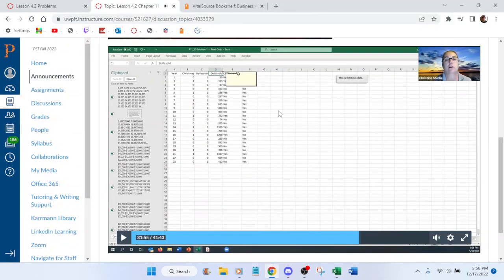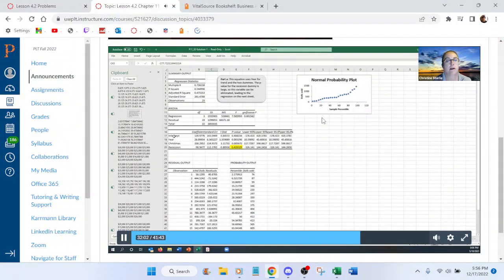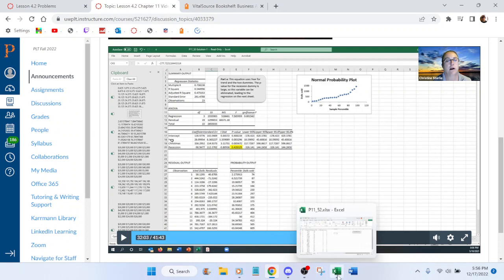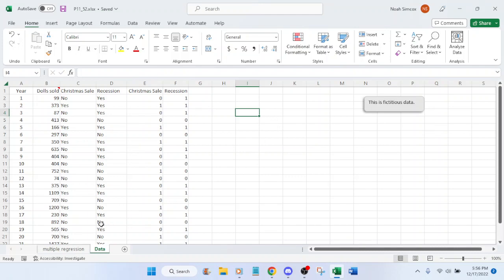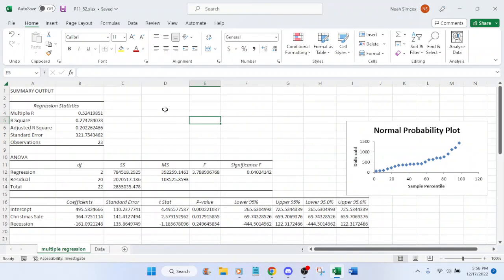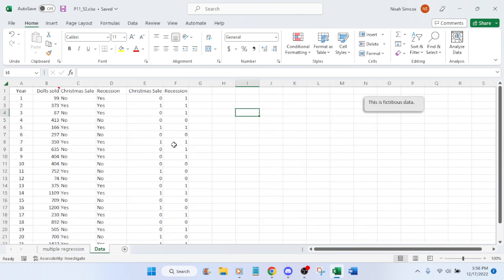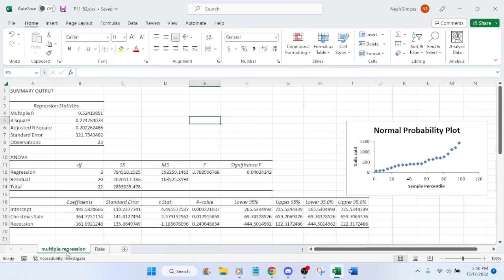Christmas, recession, dolls sold, Christmas sale, and recession. If I plug those in, we have our intercept. How did that happen? This should not have happened. Did I accidentally do these instead of these? There's no way.